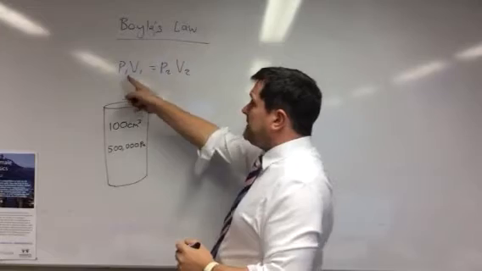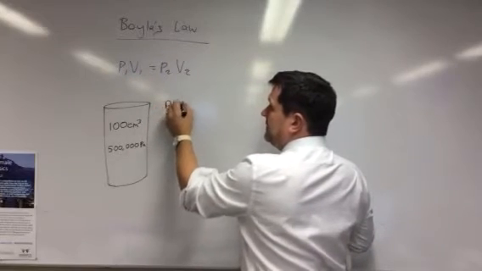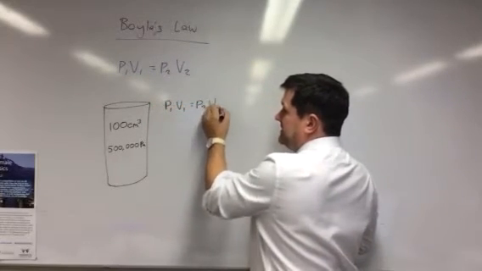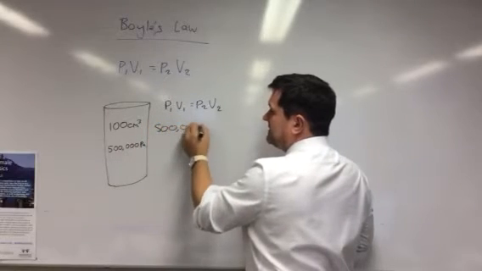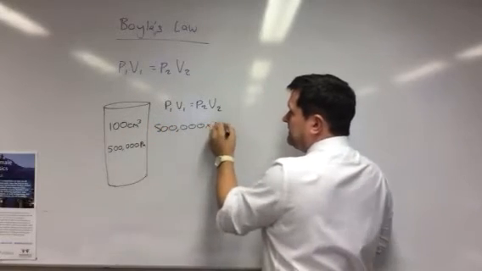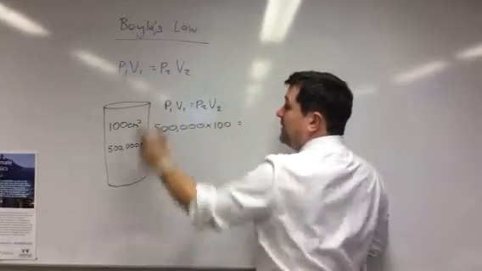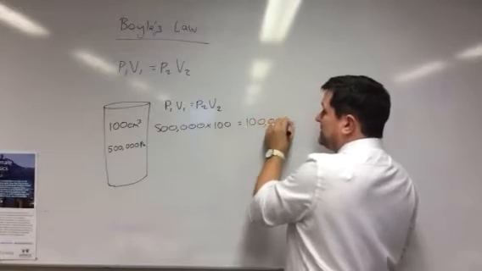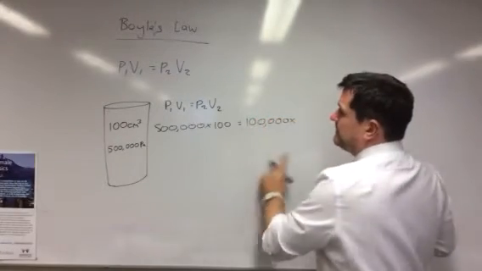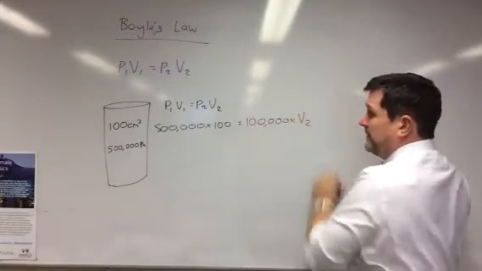So we would say, okay, P1 V1 equals P2 V2. Pressure 1 is 500,000 times volume 1 equals pressure 2, which is going to be atmosphere, which is 100,000, times V2, which we don't know.